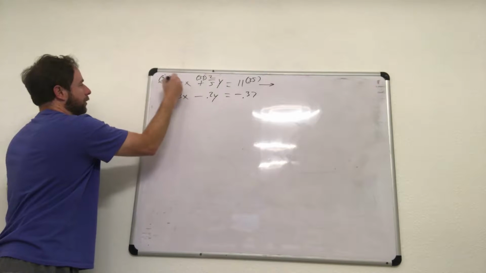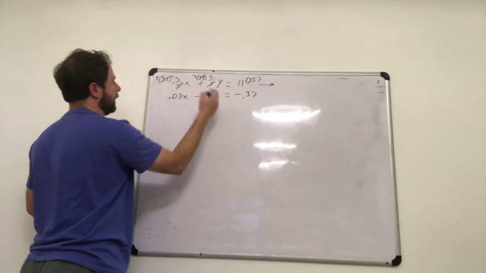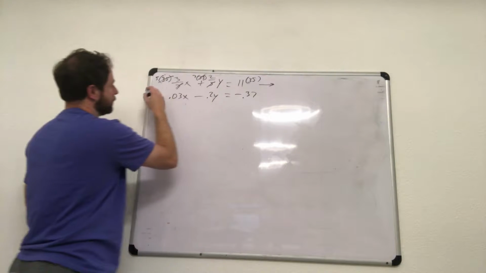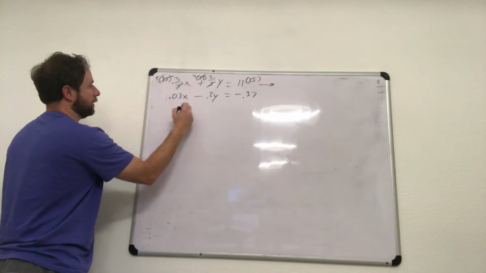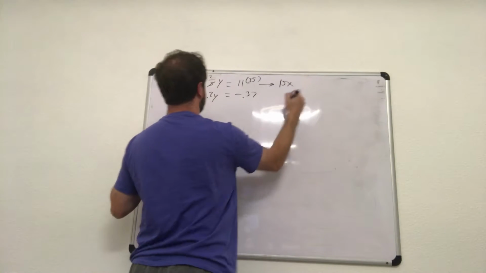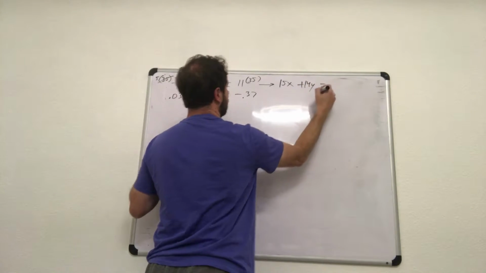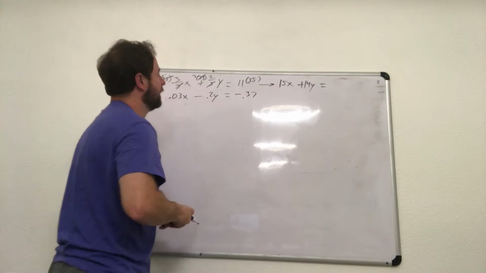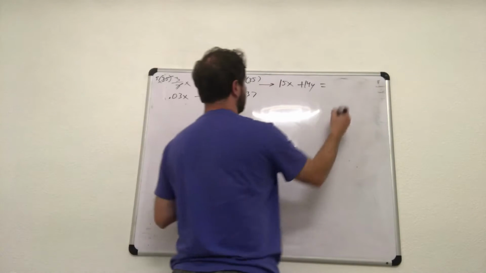So 35 and 7, you have 5 left over. 5 and 35, you have 7 left over. And so now we'll just distribute everything. 5 times 3 is 15x, and we have plus 14y equals, and then 11 times 35 is going to be, I believe, 385.